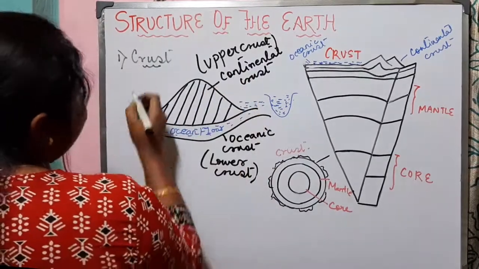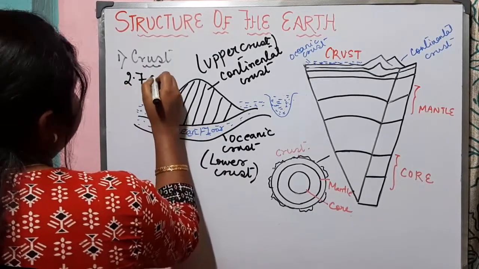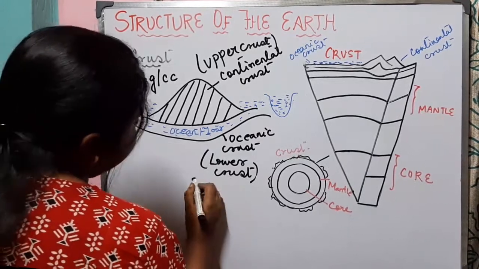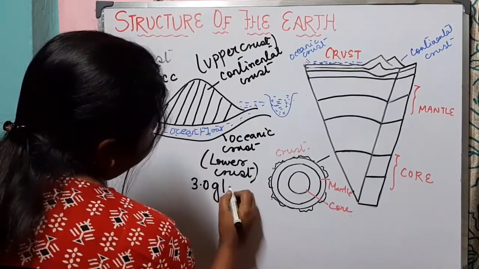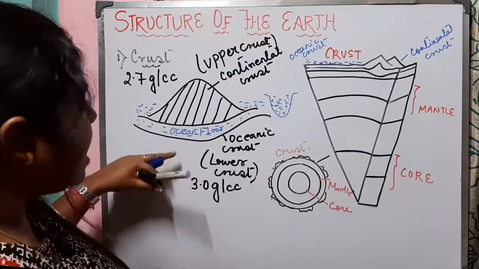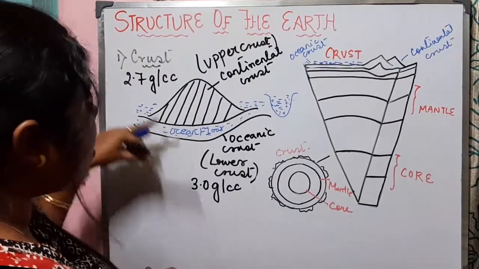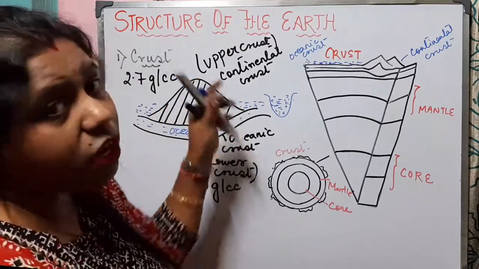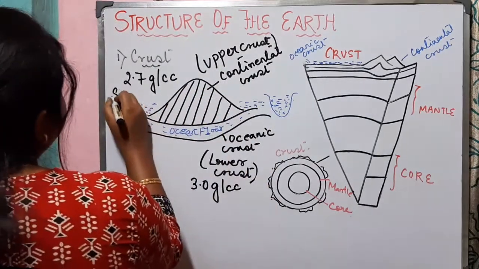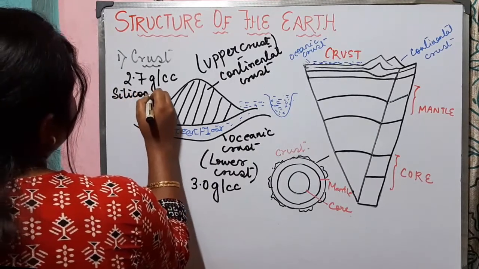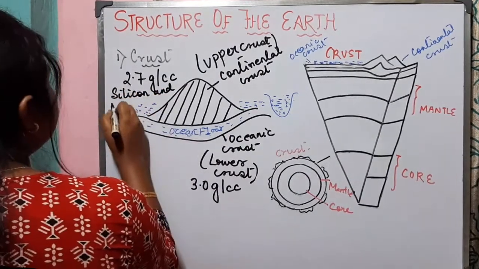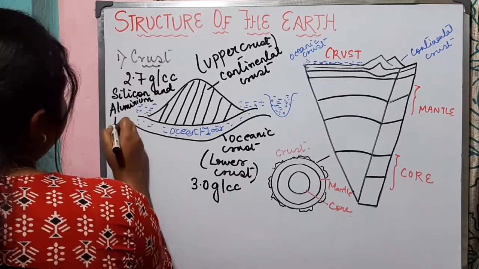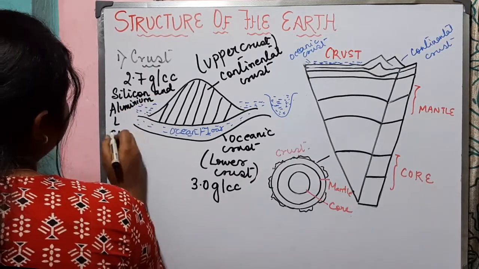In terms of density, the continental crust is 2.7 gram per cubic centimeter, and the oceanic crust is 3.0 gram per cubic centimeter. So you can see that the oceanic crust is much heavier than the continental crust. The minerals that mainly constitute the continental crust are silicon and aluminium, so we call it SIAL.